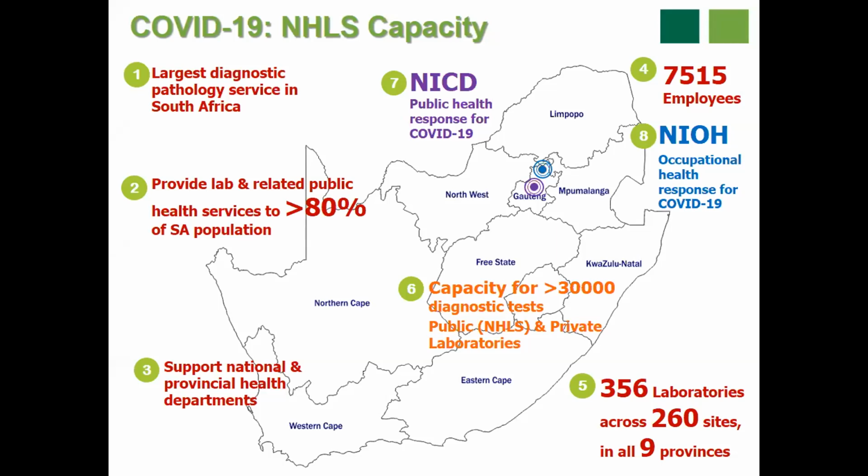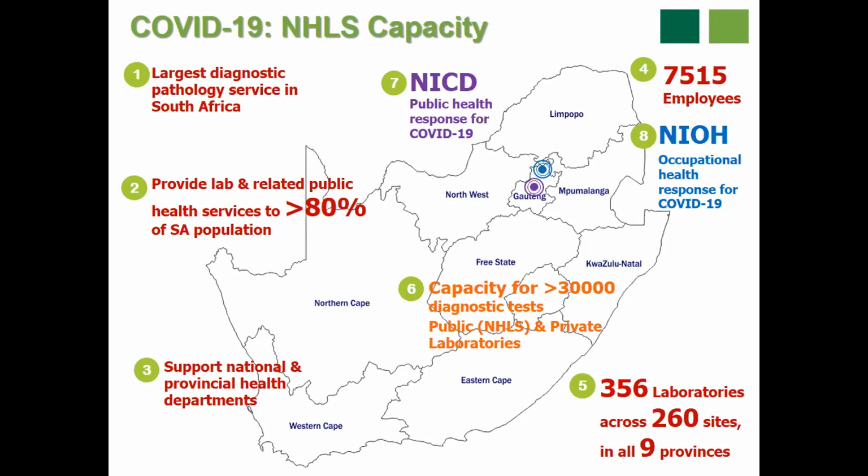On the right-hand side top corner, you'll see that the NHLS at the moment has 7,515 employees in various capacities, laboratory support, as well as occupational health and infectious diseases control capacities.